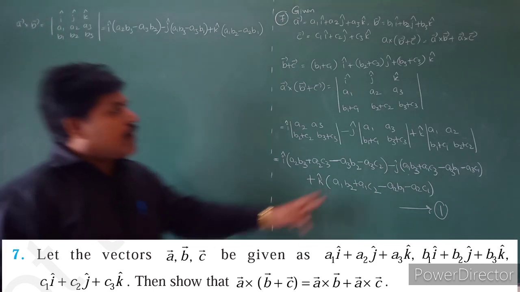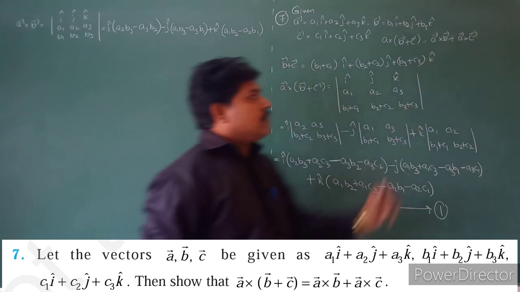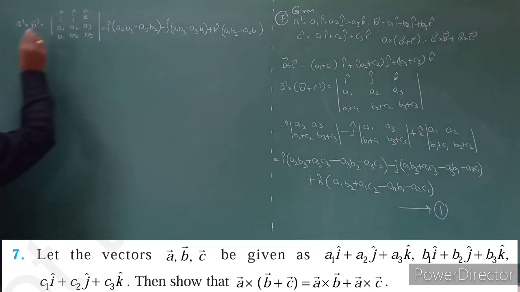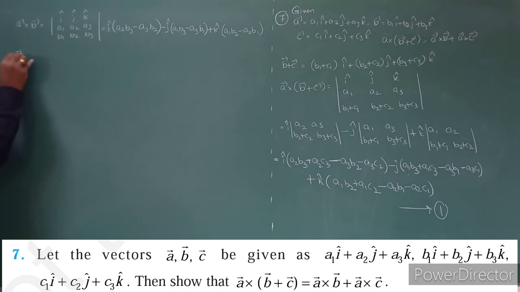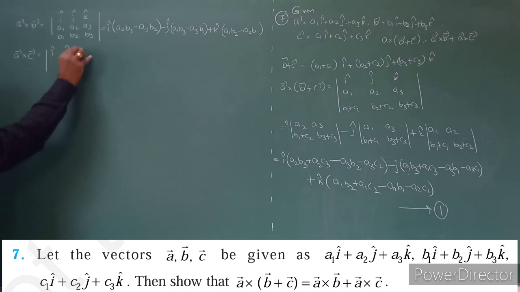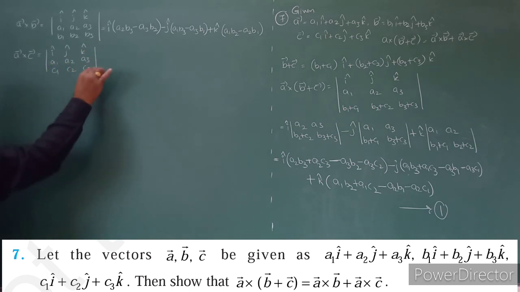Next you have to calculate A bar cross C bar also. A bar cross C bar is, similarly, the determinant of I, J, K, A1, A2, A3, C1, C2, C3.